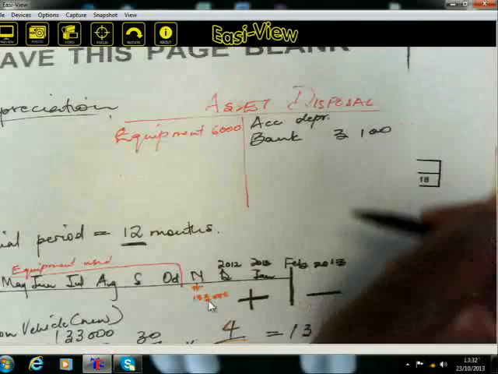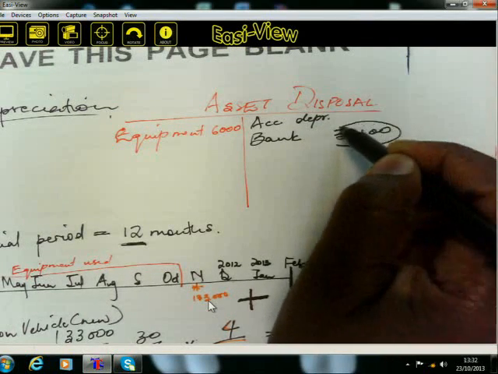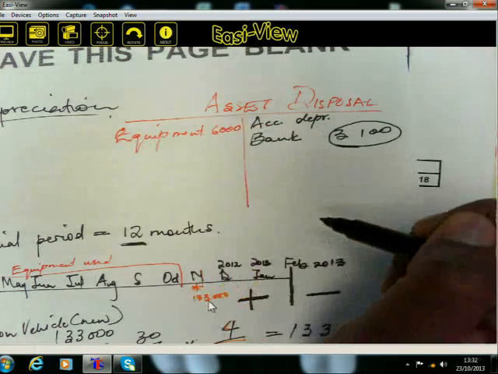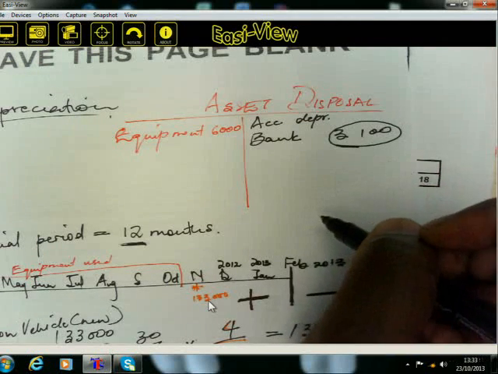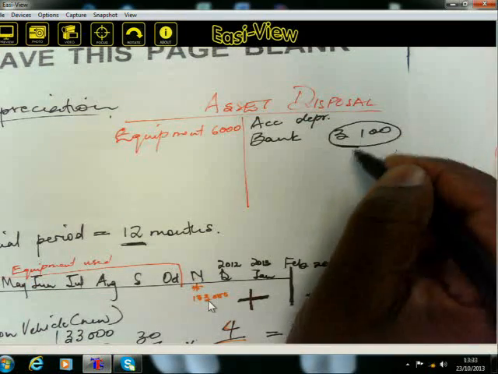If we were supposed to calculate it, but immediately it says it was sold at 3,100 and the carrying value is 2,700. That tells you that we have received an extra 400.